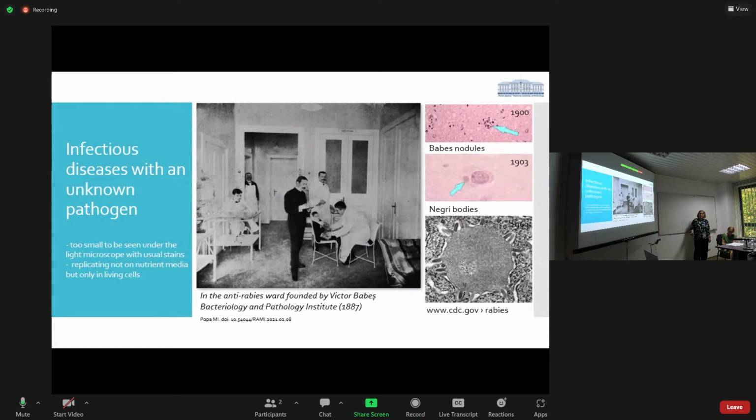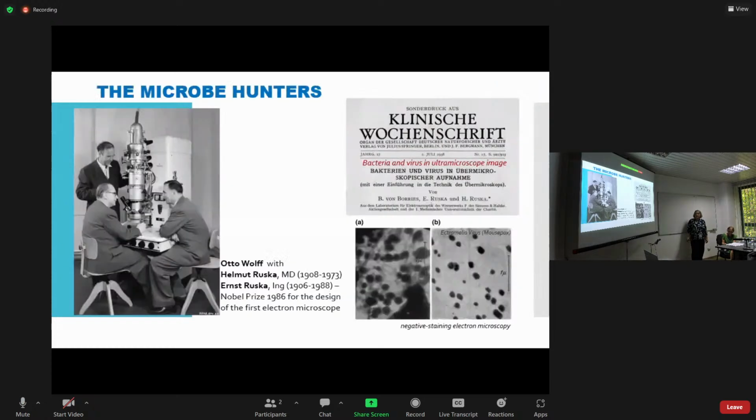The virus was supposed to be the pathogen because it was too small to be filtered. It was also non-replicative in culture media, and required cell culture to replicate.